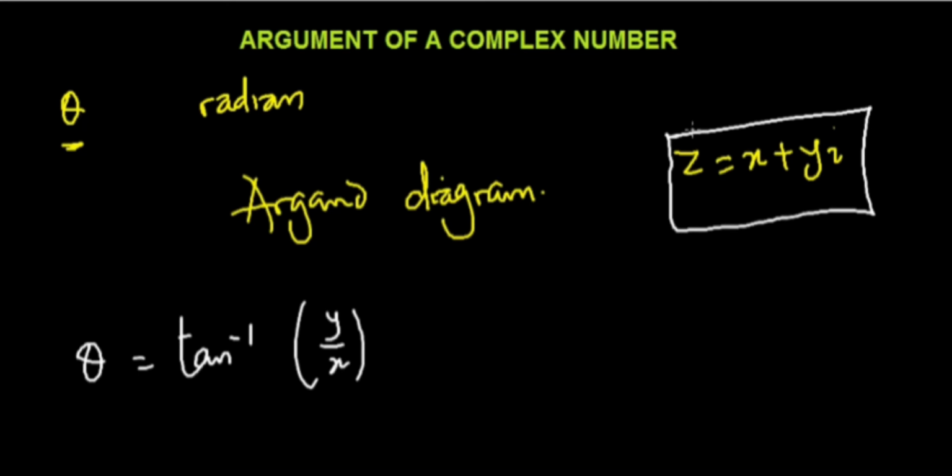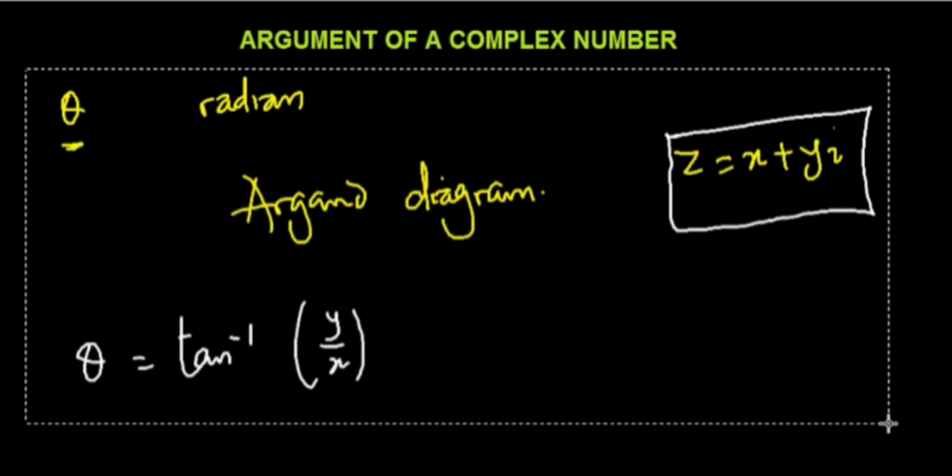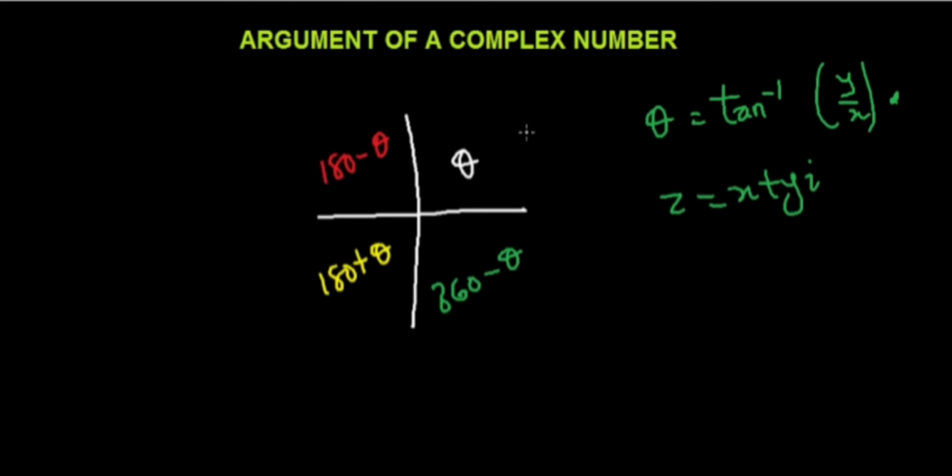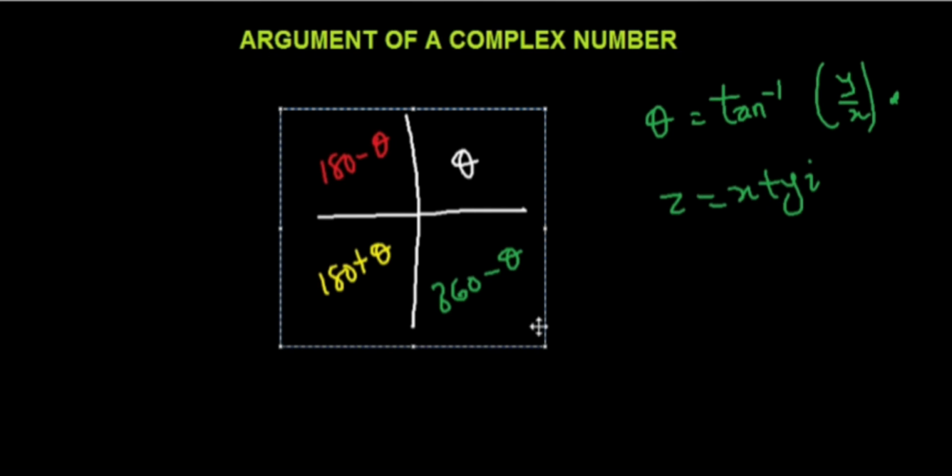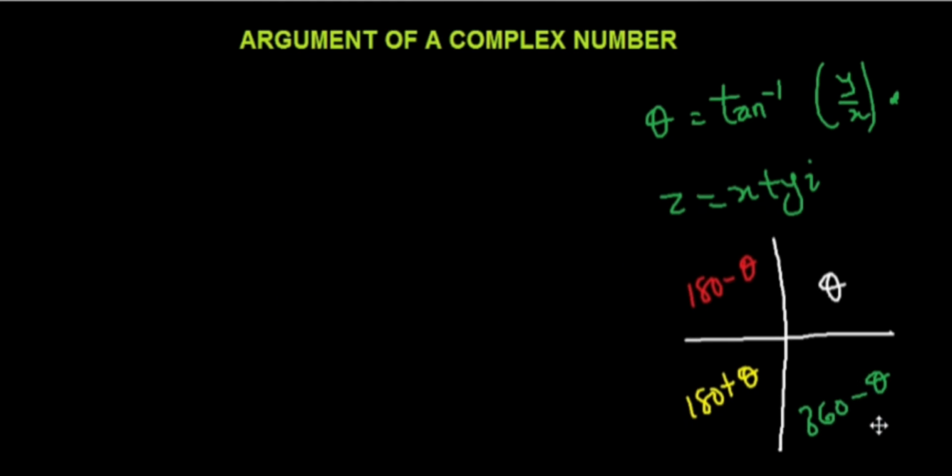And mind you, when you are obtaining your theta, don't include the signs. We are going to sort it out on the Argand diagram. Now, what is an Argand diagram? Let me quickly give you some examples, so you can understand what I'm talking about.